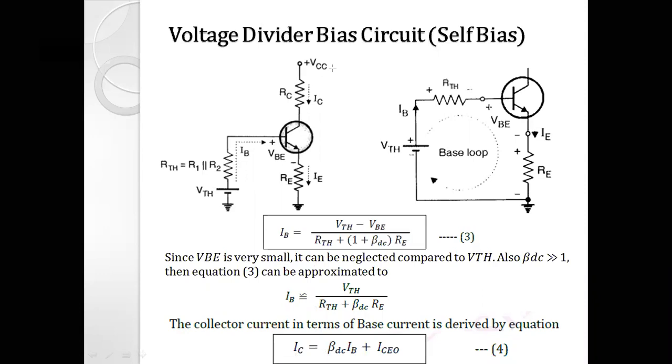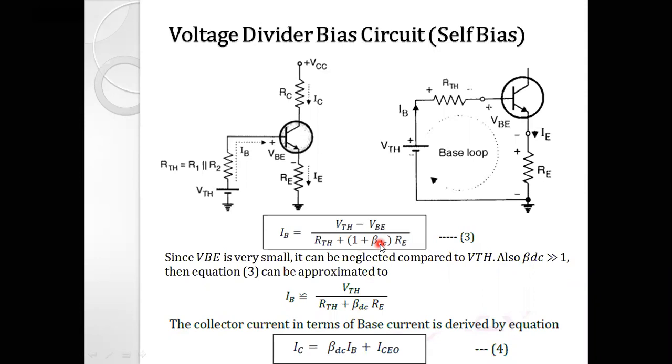You can see that here one assumption is taken that beta DC is much greater than 1, and because of this 1 plus beta DC is converted to beta DC. That is the approximation. The value of beta DC is generally in the hundreds, so 100 is far greater than 1.